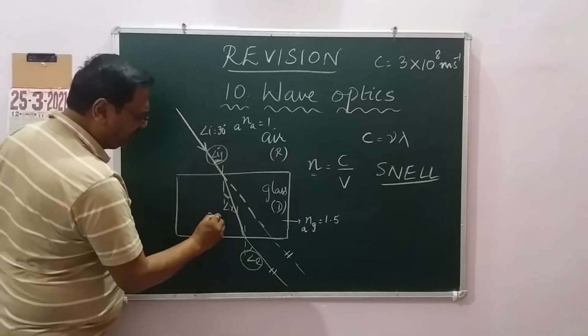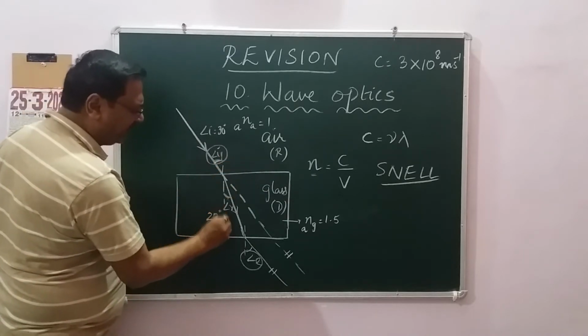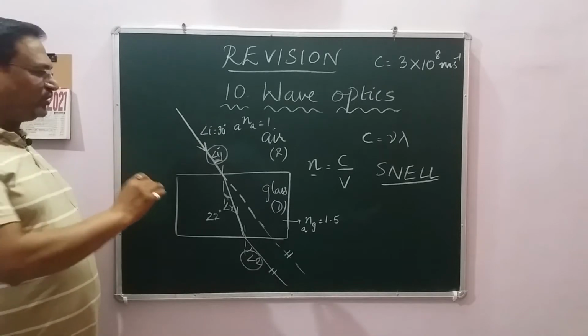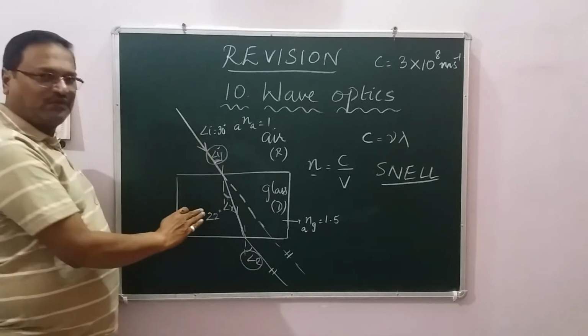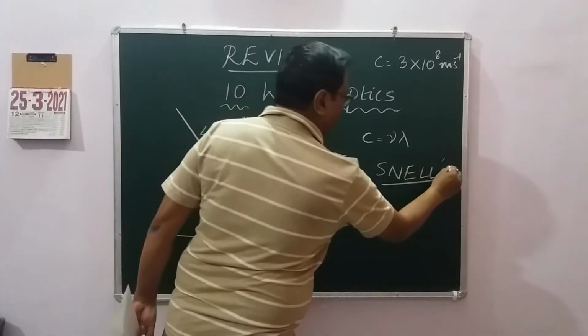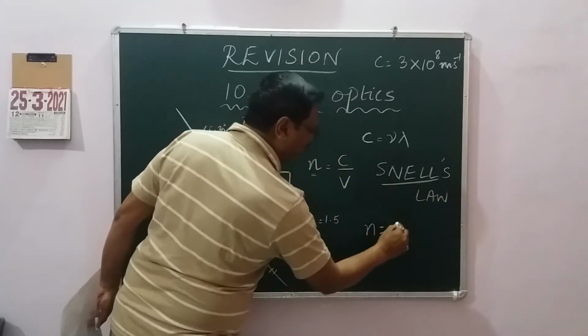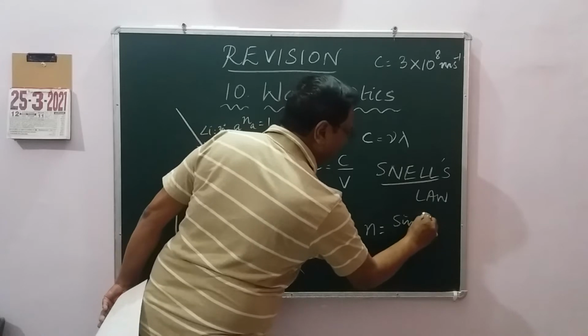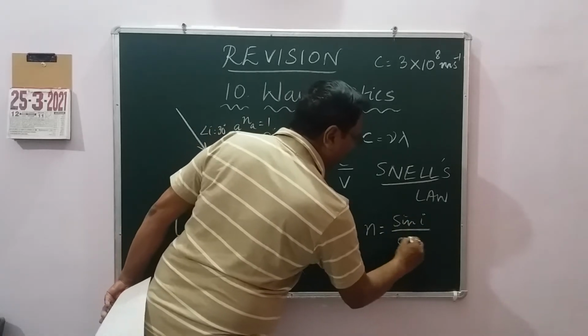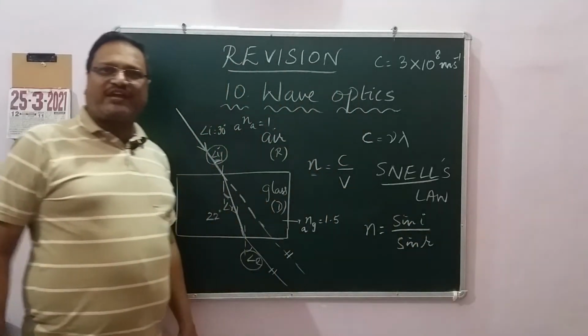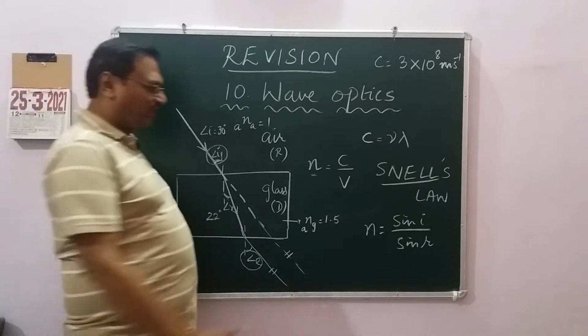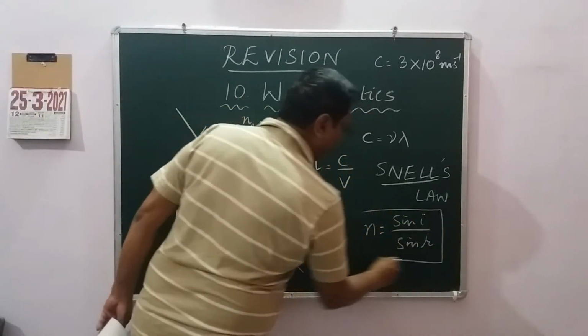Maybe sometimes it can be 20 degrees or 22 degrees, let us say. So he found a ratio between these two, and what Snell's law says is that the refractive index is equal to sine of angle of incidence to sine of angle of refraction. Sin i upon sin r, we call this the refractive index.